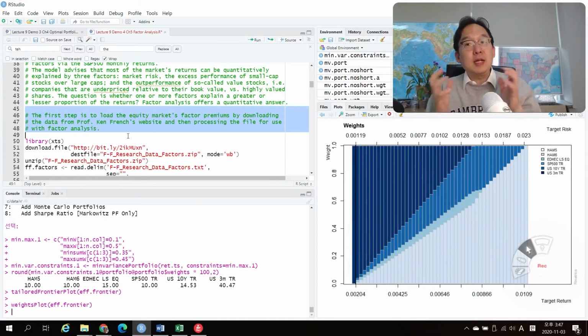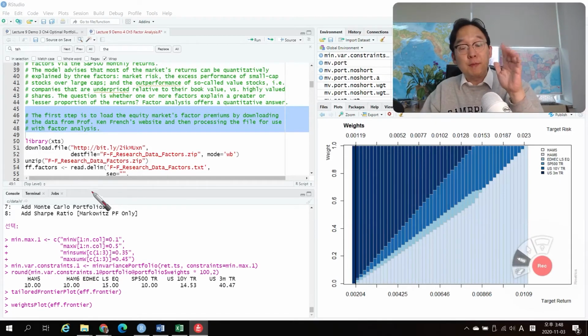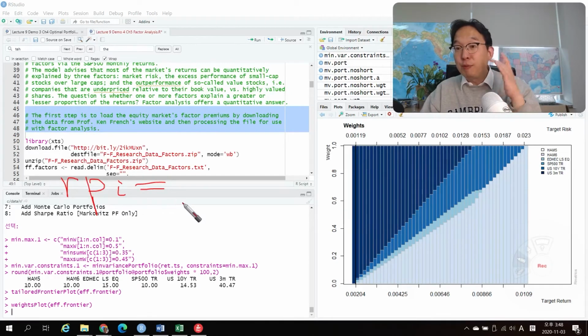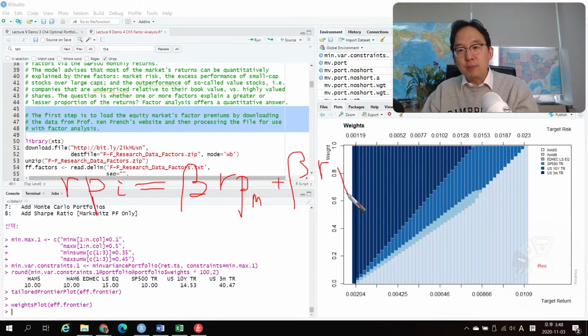The basic idea is those factors will be long-short portfolios because, as I said before, the asset pricing model is about understanding risk premium. Your risk premium, whether of a stock or of a portfolio, should be a linear function of other risk premia. Let's say the market risk premium plus beta times a risk premium related to, let's say, size.